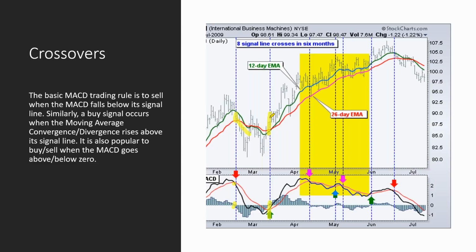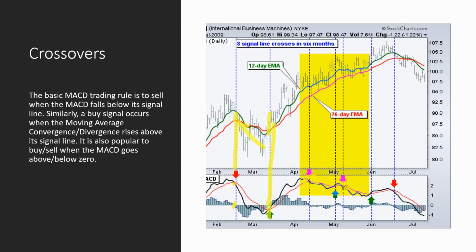And if you notice, the MACD line down here is a lot more accurate than the close because these don't appear at the same point. You see here, the MACD line gave you the crossover and told you to enter the market and to sell. You didn't get the crossover on the moving average until here. You would have been a little bit late for the markets. So you're looking at the crossovers down below here.